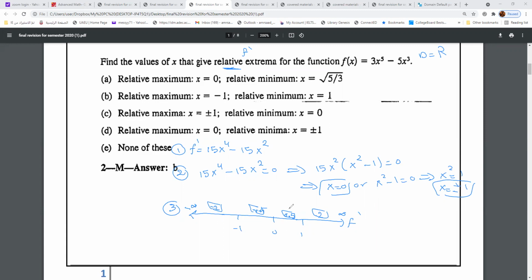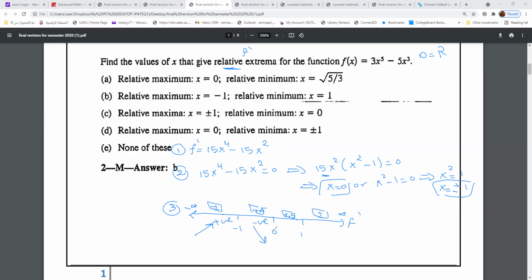To have extrema at the critical number, the behavior of the function must change. Replace by negative 2 in the derivative, you can use your calculator. This one will be positive, this one positive, it will be positive. So the behavior of the function is increasing. Negative 0.5, it will be negative.